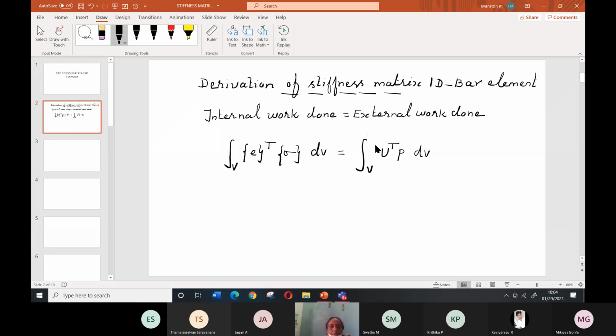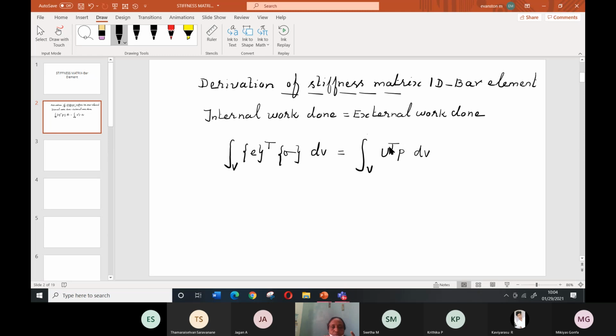But in the case of a beam, it is N1 into U1 plus N2 into theta 1 plus N3 into U2 plus N4 into theta 2. Last class we derived this. What you have to keep in your memory is that when a load is applied, the beam is getting deflected. So the load I have taken as P and the displacement I have taken as U.